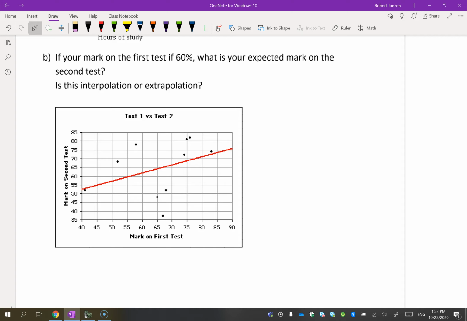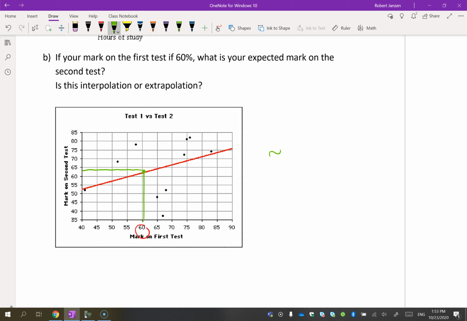Let's do a little bit of estimating now. If your mark on the first test is 60%, what is your expected mark on the second test? So here's 60 on the first test. Let's predict what our mark would be on the second test.